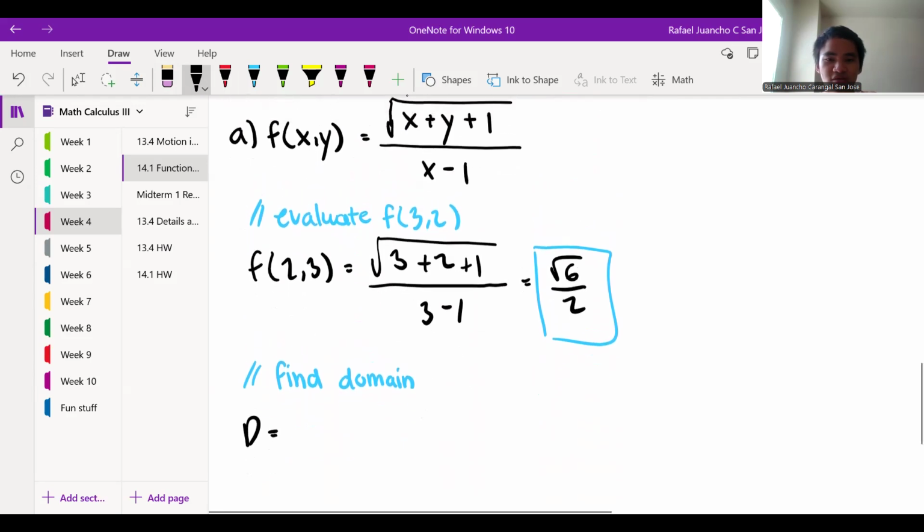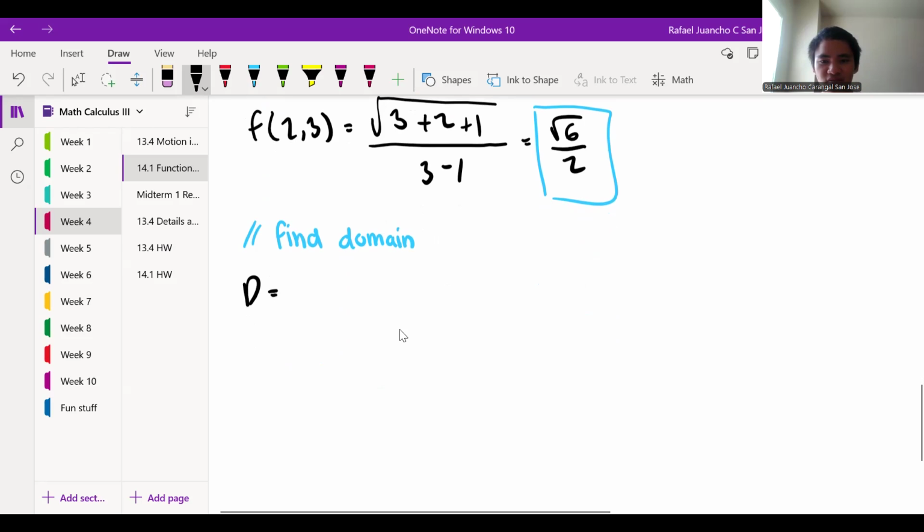Or we could even say x plus y plus 1 could not be a negative number. So any of them would work, actually. There are two ways to do it, right? Actually, it should have been both. Okay, let me see. Also, the sketch the domain part, that one's interesting.